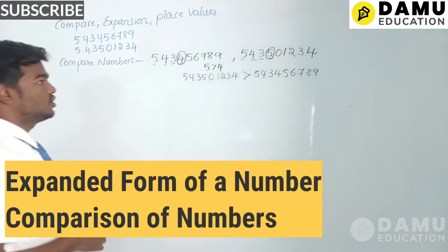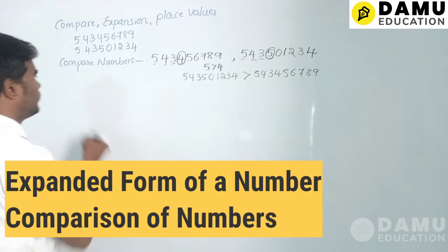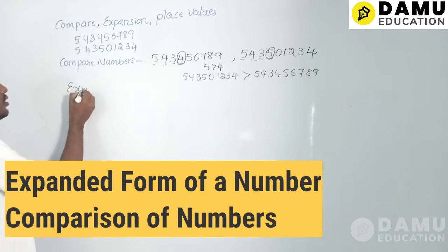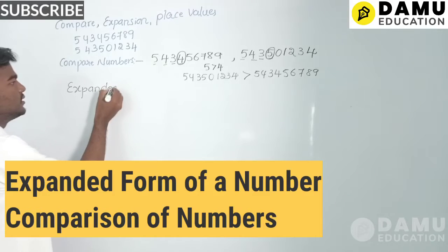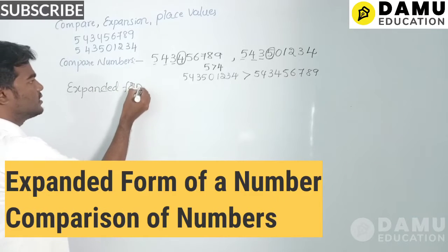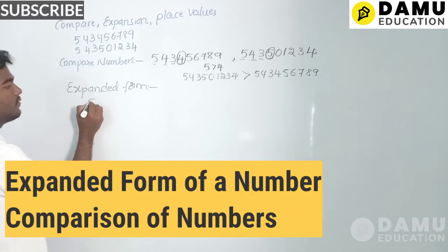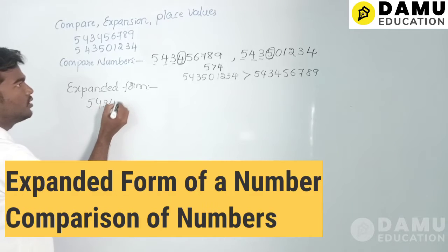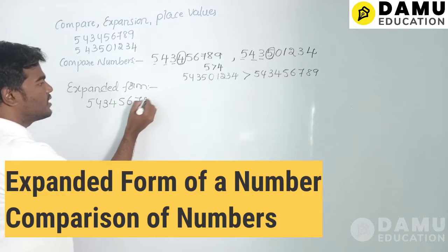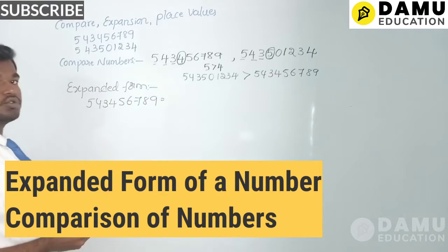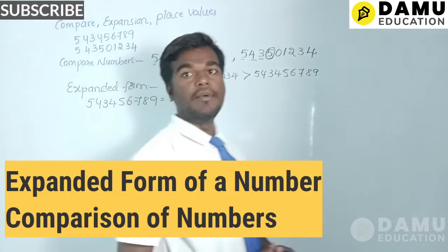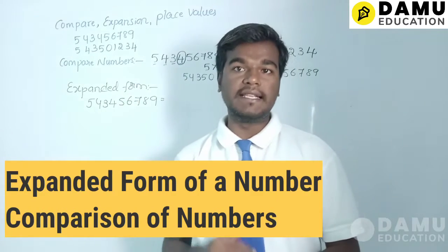Next one, expanded form. So what is the expanded form for the given number? 5, 4, 3, 4, 5, 6, 7, 8, 9. You have to expand this number by using its place values.